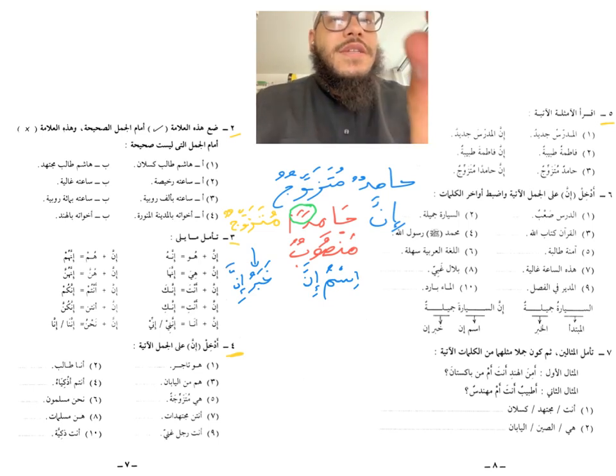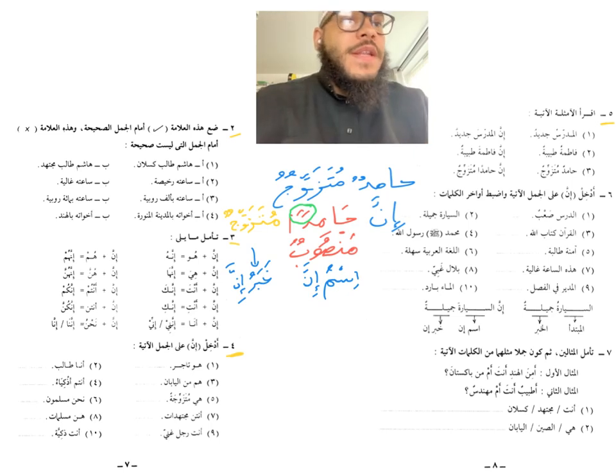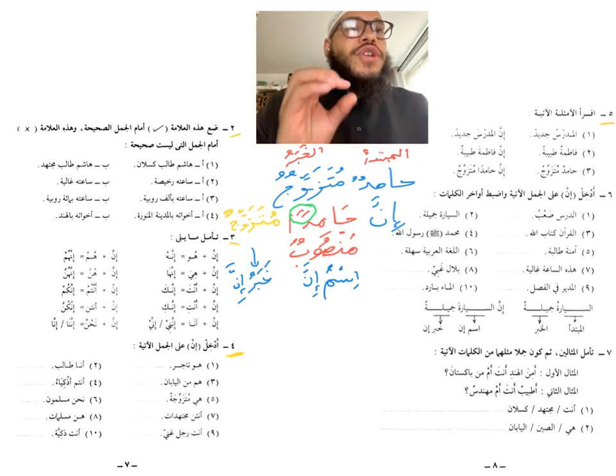In this sentence, this was al-mubtada'u, and remember that means the subject, and this was al-khabaru, the predicate. But now when we have inna, the mubtada is now called ismu inna, and the khabar is called khabaru inna.